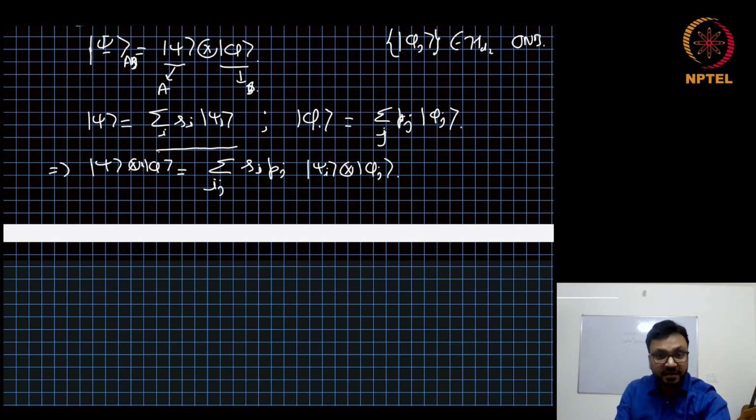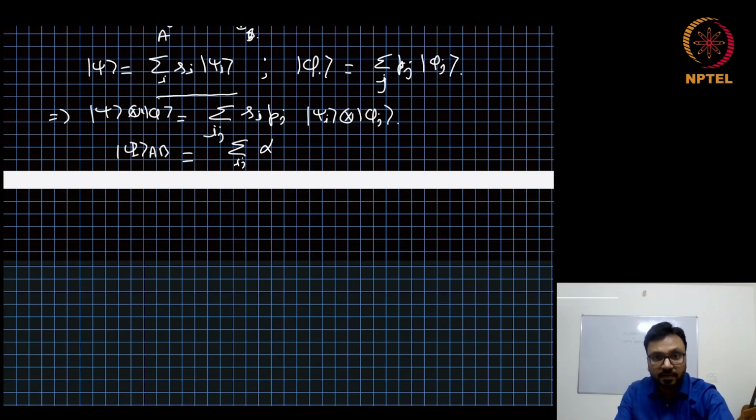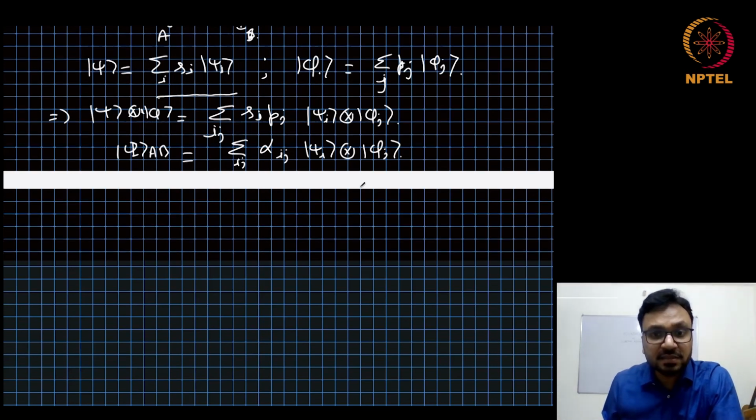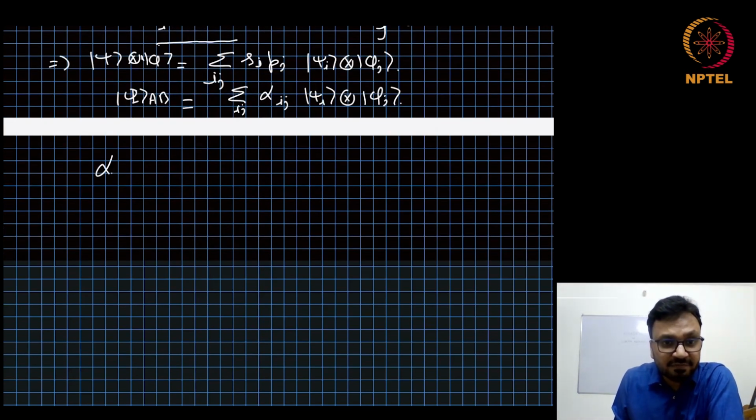But we are given that this state psi is sum over ij of alpha ij psi i tensor phi j. Comparing these two, it turns out that alpha ij must be si times pj.